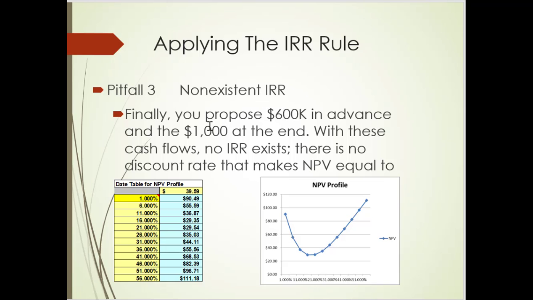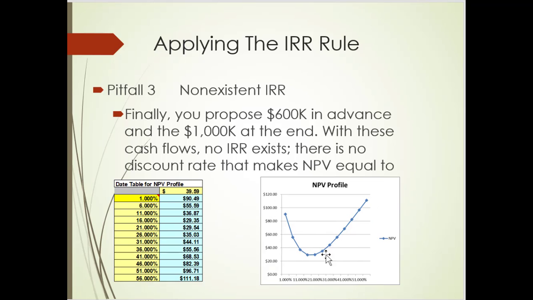The other pitfall that we can talk about is if there is a non-existent IRR. So in this case, we do 600,000 and $1 million at the end, with these cash flows. So there's no internal rate of return that exists. There's no discount rate that's going to get net present value equal to zero.